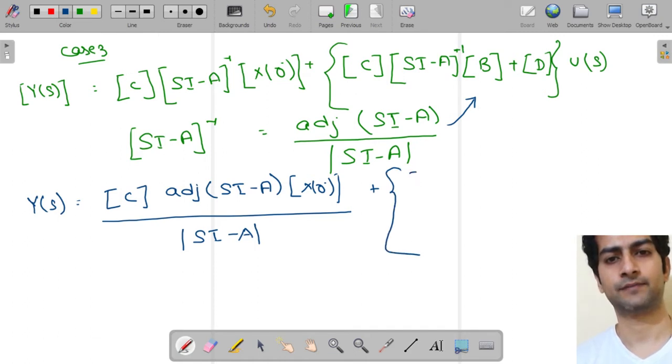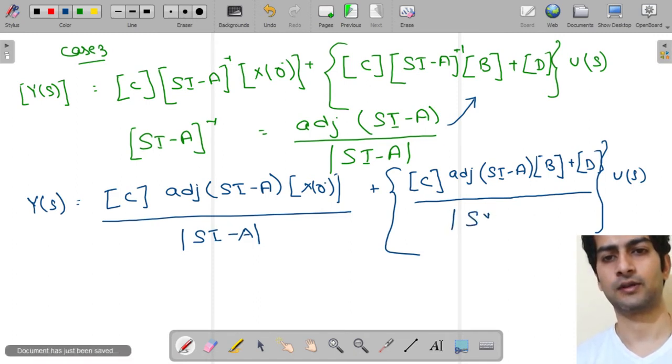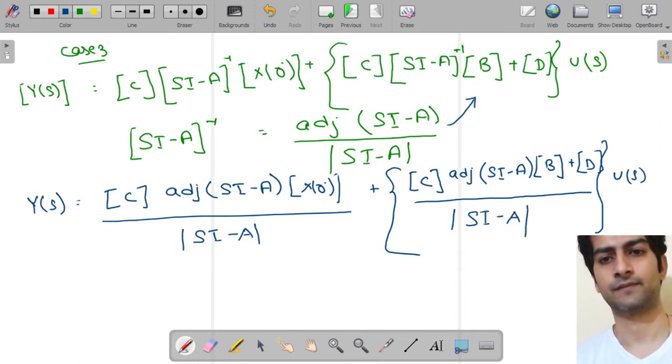Then here we will get matrix C, adjoint of (sI minus A), B, plus D, and here we will get U(s) divided by mod of (sI minus A). Okay. Till now it is okay.